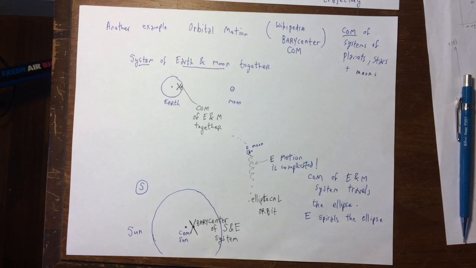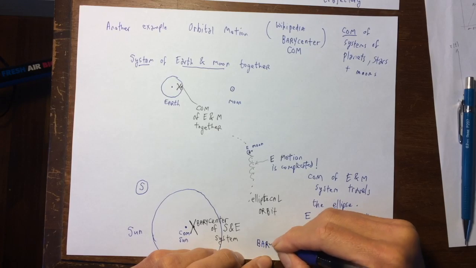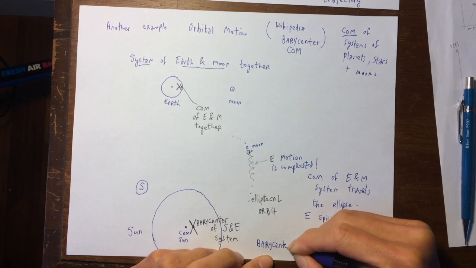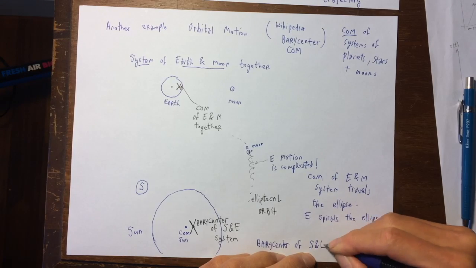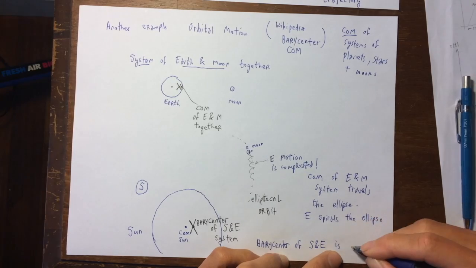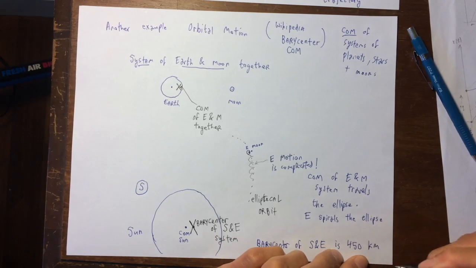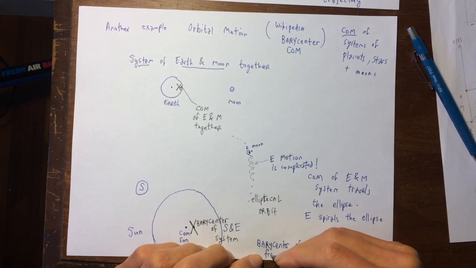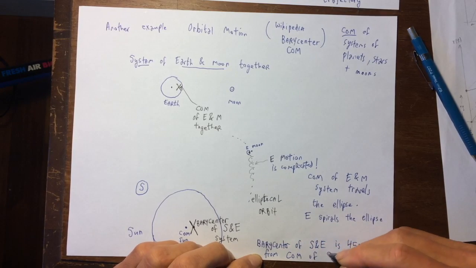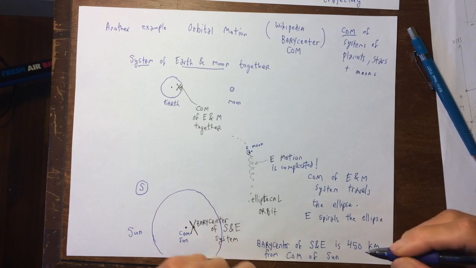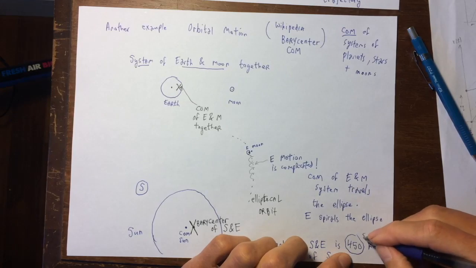It turns out, I just looked this up, the barycenter of Sun Earth is 450 kilometers from the center of mass of the sun. 450 kilometers is actually kind of small.